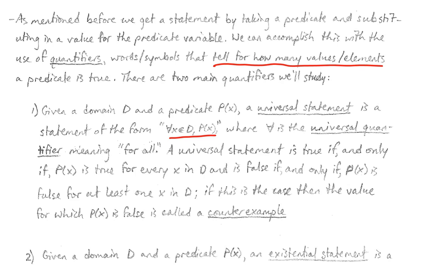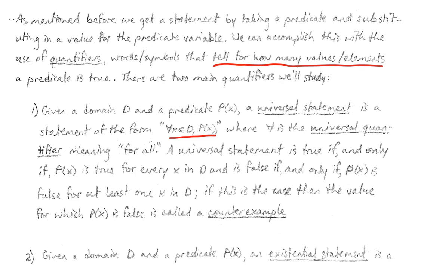And there's a special name for that x value which made capital P of x false. This x value is called a counterexample. You'll be hearing this word a lot more as you go on to take higher level math classes, as well as later on in this course: techniques of proof, abstract algebra, number theory, real analysis.